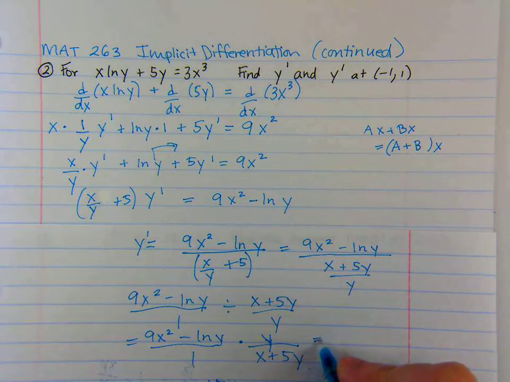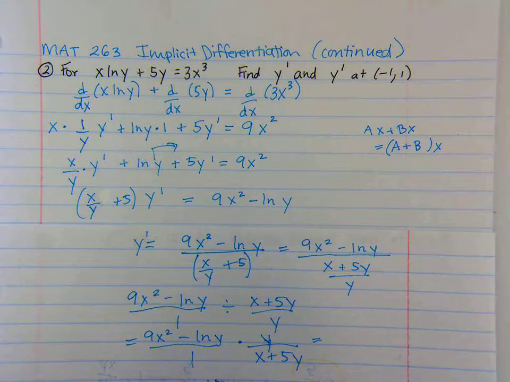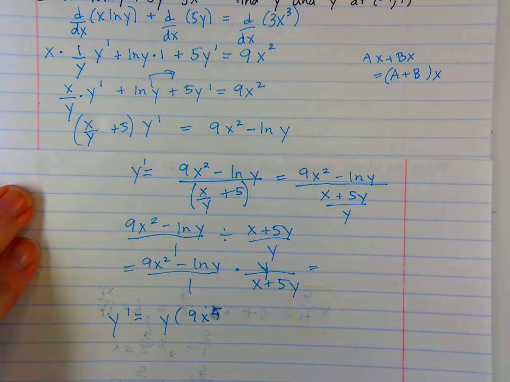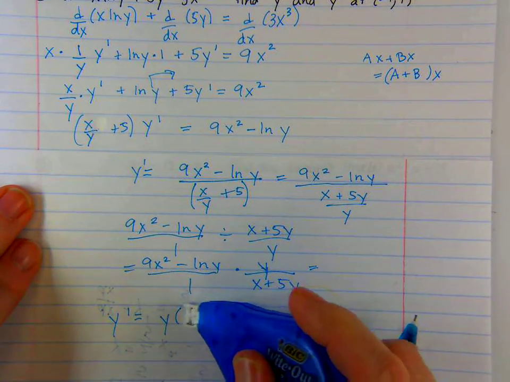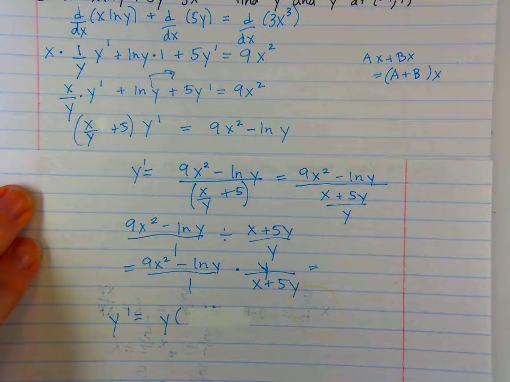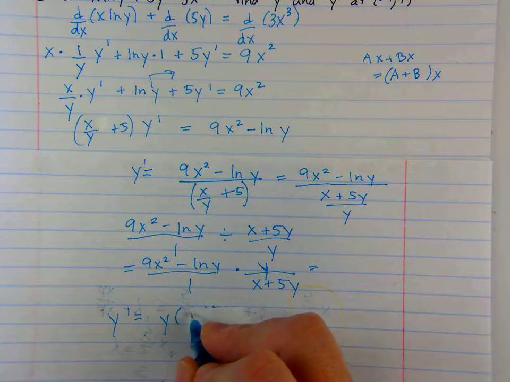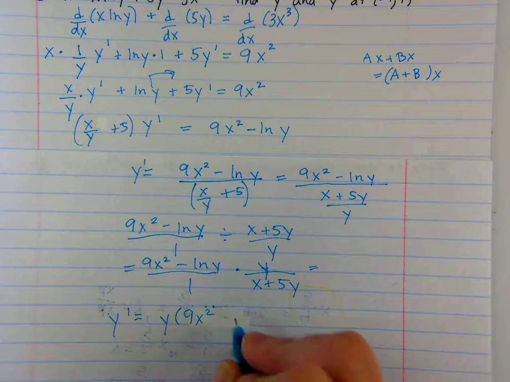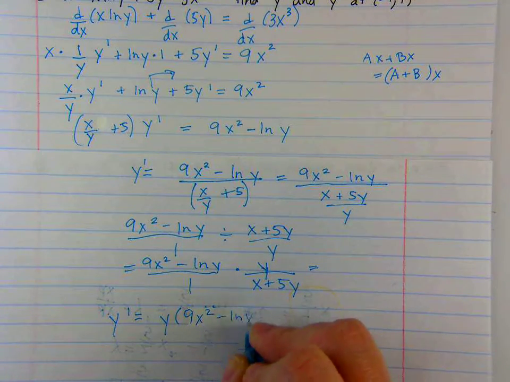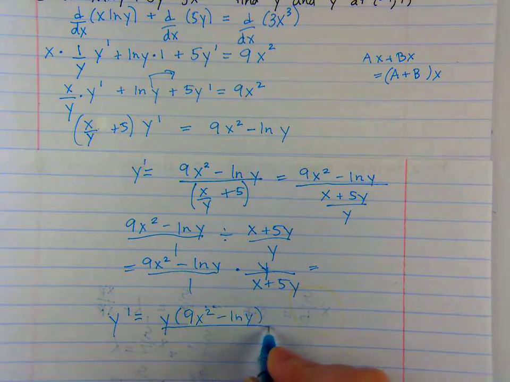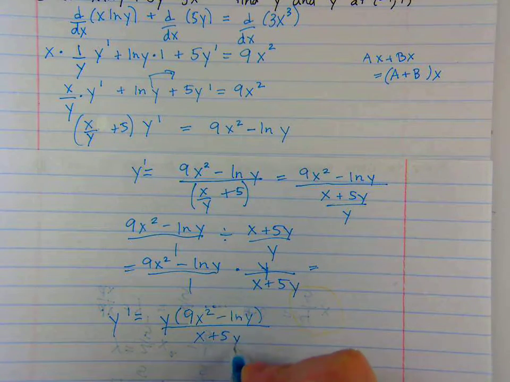So really it would probably be nicer to write it as y prime equals y times 9x squared minus natural log of y divided by x plus 5y. That way you can read it better.